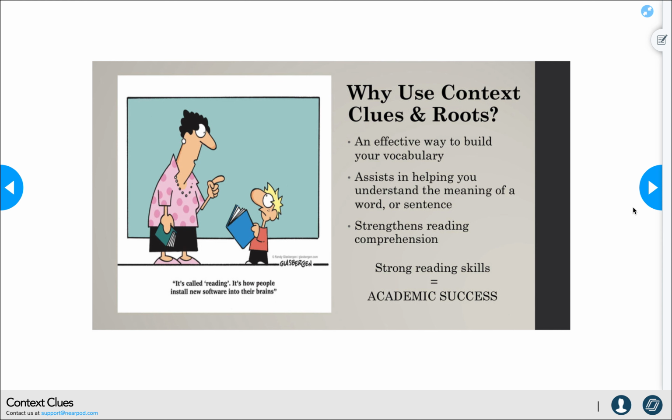So that leads to strong reading skills, and therefore academic success, because strong reading skills don't just help you in English. They help you in all your subjects, because in some shape or form you will be doing reading, and you'll be using those context clues to help figure things out. Okay? So hopefully I'm not going too fast. Even if I am, you can always rewind this, re-listen, and then I'm going to have you practice at the end of this.